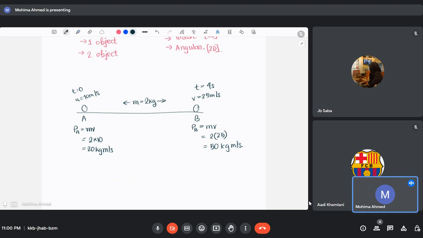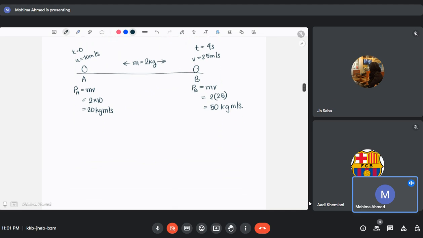Now, how to calculate the change in momentum along its entire journey. If you want to find out the change in momentum for the entire journey, you can use the equation: change in momentum equals final momentum minus initial momentum. PB was the final momentum, PA was the initial momentum.